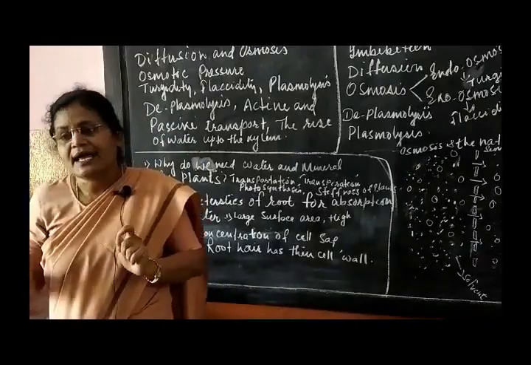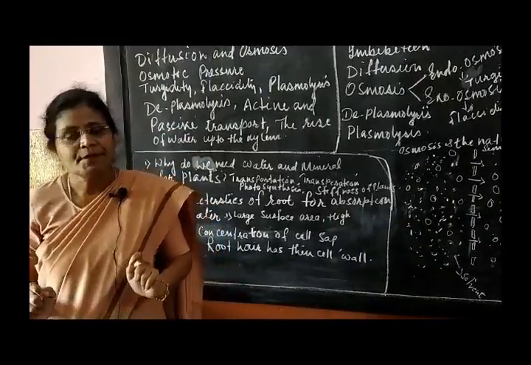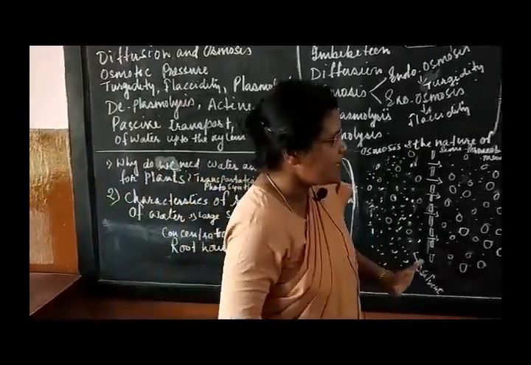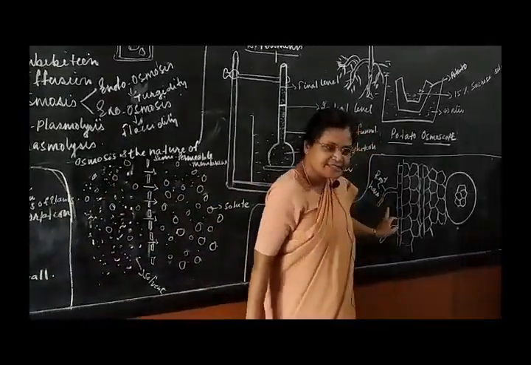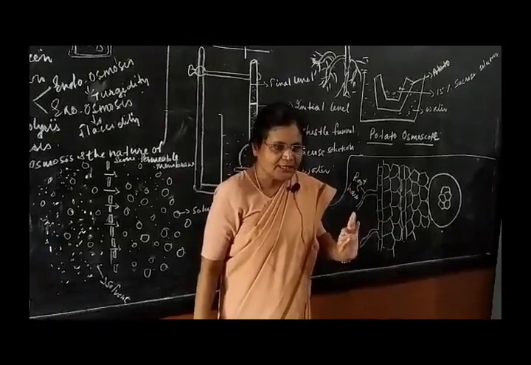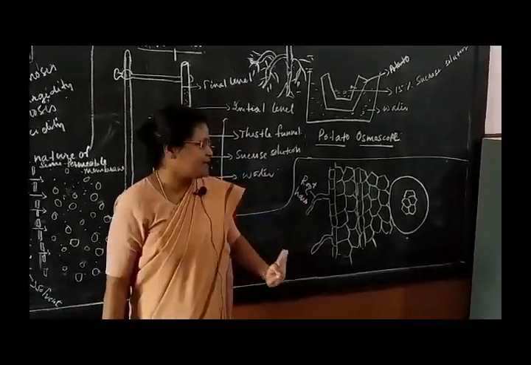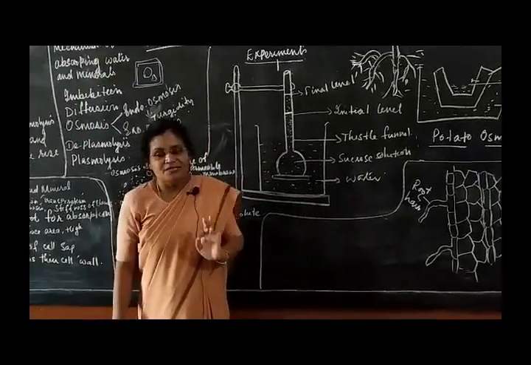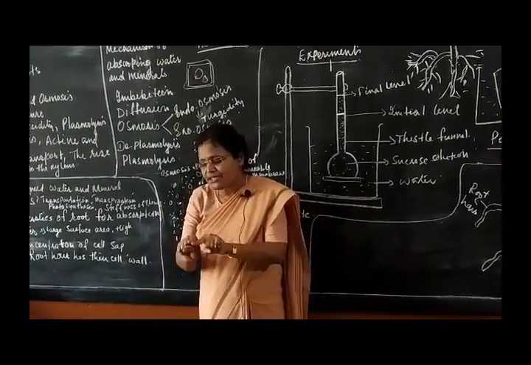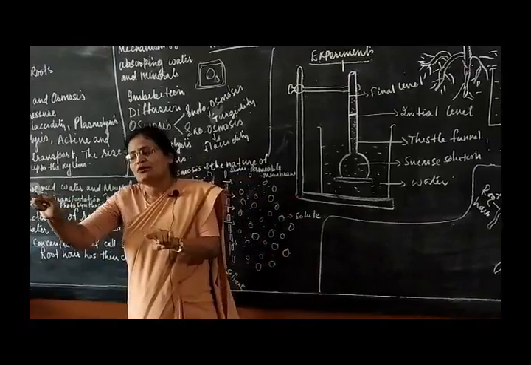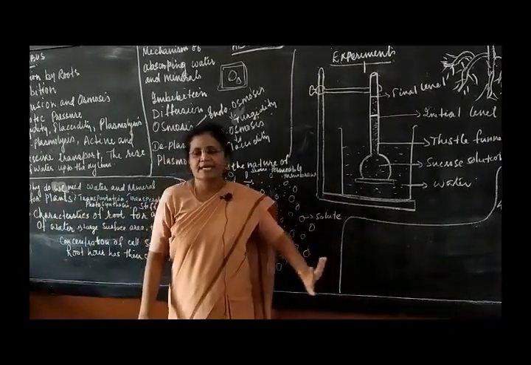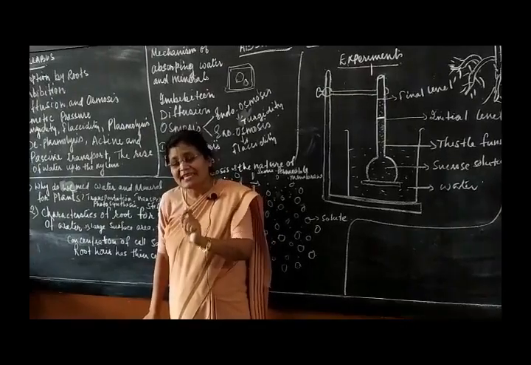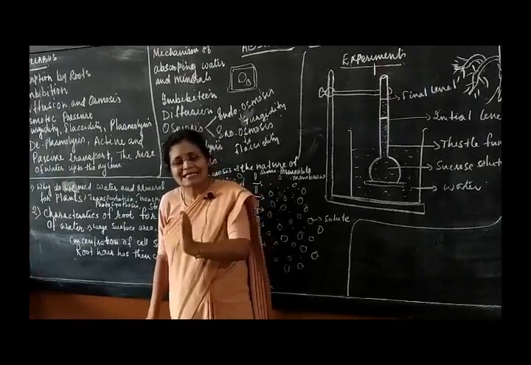Every plant cell has a cell wall and cell membrane. Similarly, the root hair also has a cell wall and cell membrane. I repeat, children, just like any other plant cell, the root hair also has a cell wall and cell membrane. The difference between the cell wall of other plant cells and the root hair cell is that the cell wall of the root hair is very thin and easily permeable.